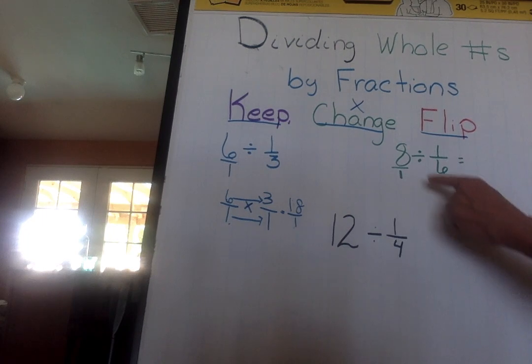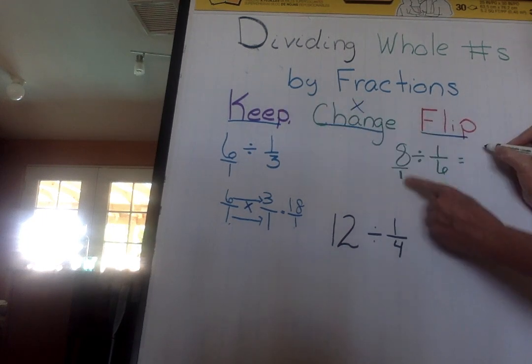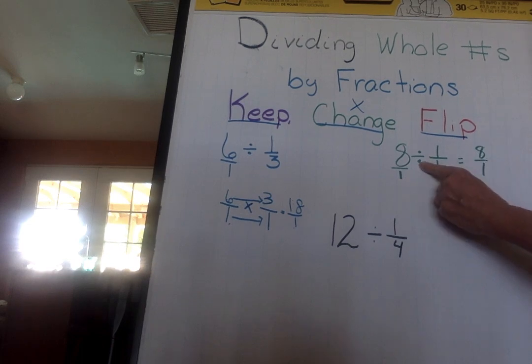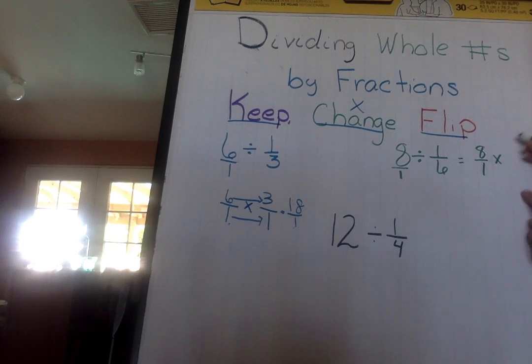My new problem is going to become keep my first one. So I keep 8 over 1, change to multiplication, and flip 1/6 to 6 over 1. And multiply. 8 times 6 is 48. 1 times 1 is 1. 48 over 1, or just plain 48.